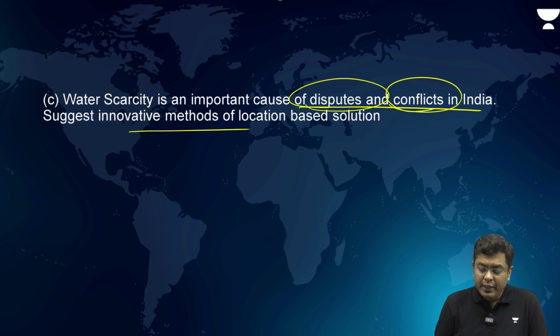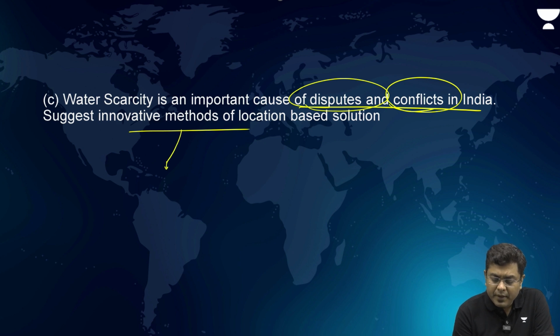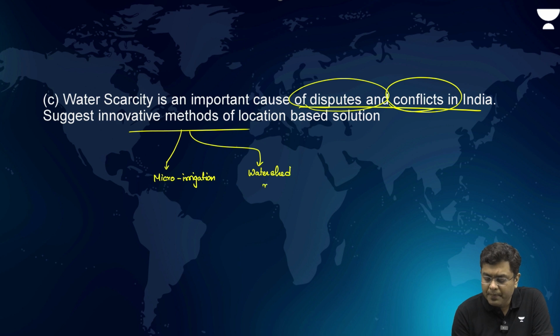Innovative methods. So, what are innovative methods? For example, micro irrigation, right? Watershed management, then rainwater harvesting, right?